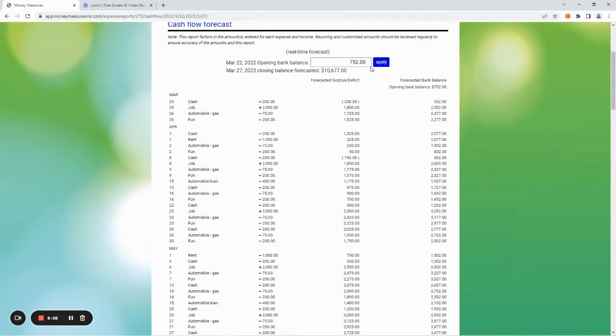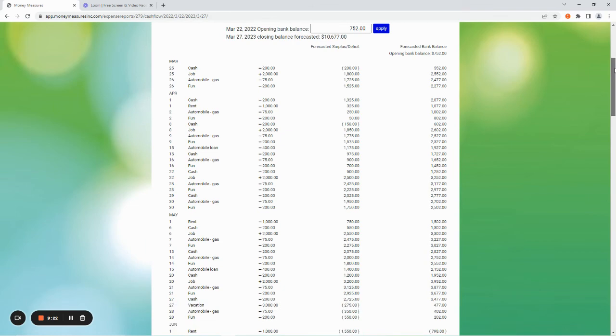So it's showing the opening bank balance and what the bank balance would be March 27th. So it's showing there's quite a bit more money left in the bank account than what it'd be starting with based on the minimum amount of expenses that I put in.